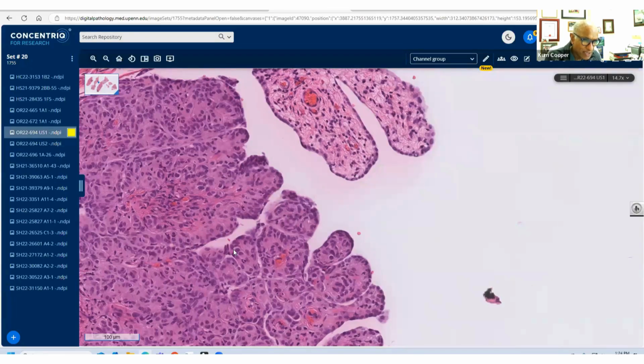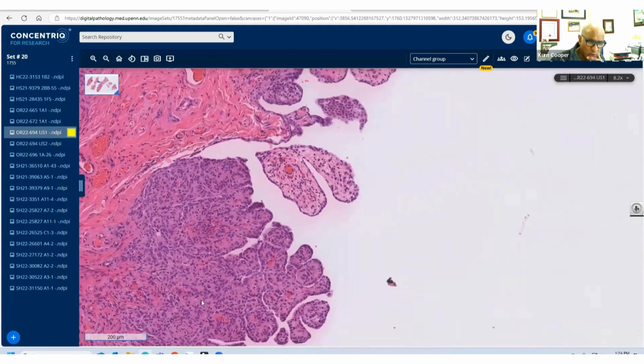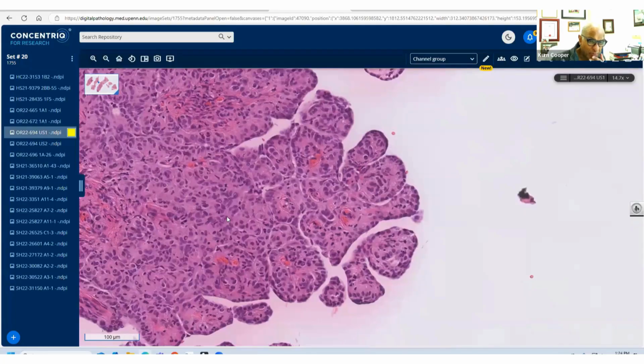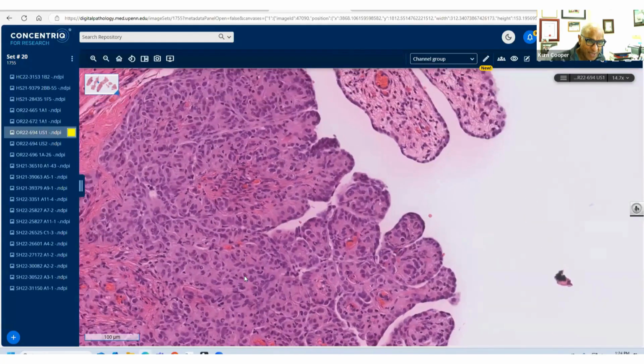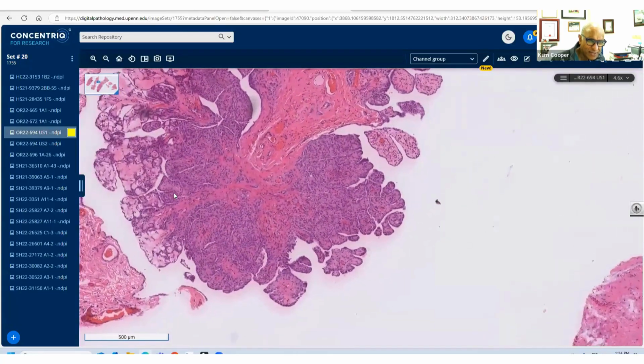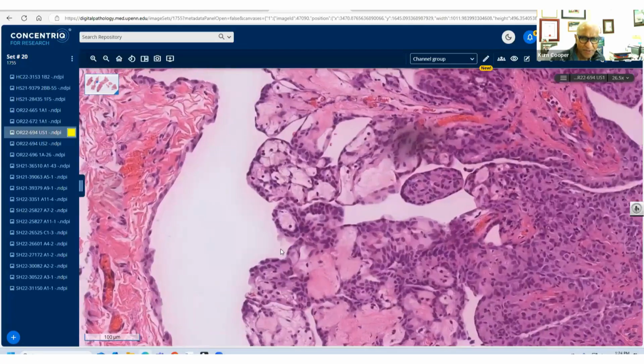So the mesothelial markers are all positive, and that sets off the question of what do we call this? It's papillary. You have papillary excrescences, and you can see that it is arising from a mesothelial lined surface, which I was showing you earlier.